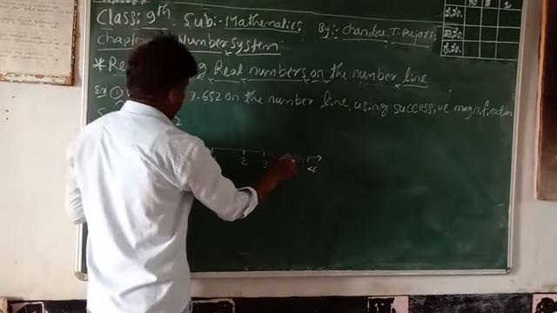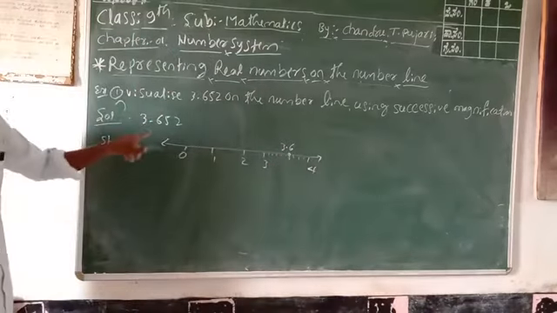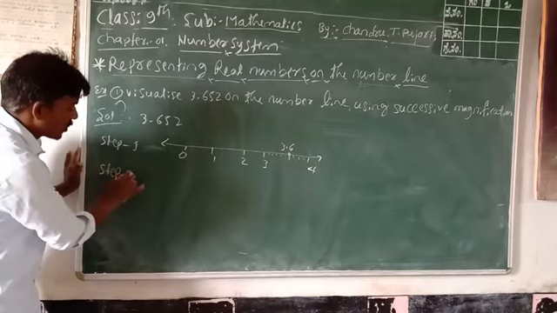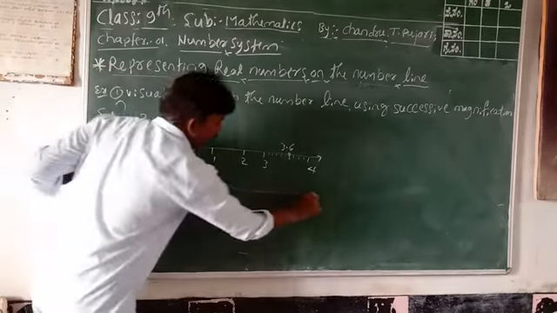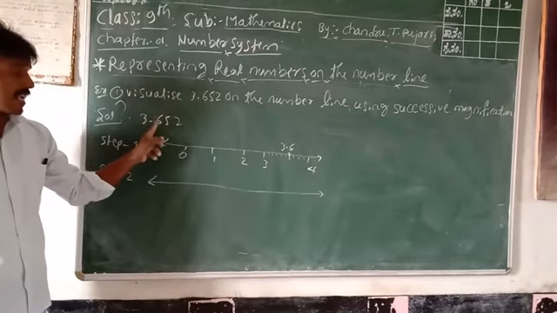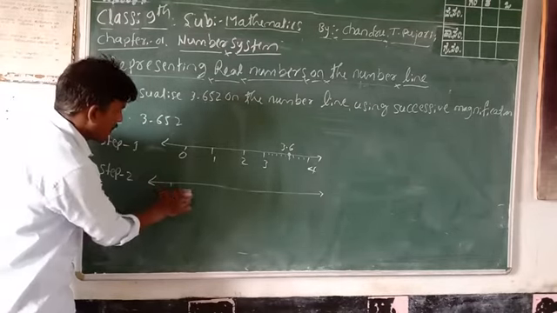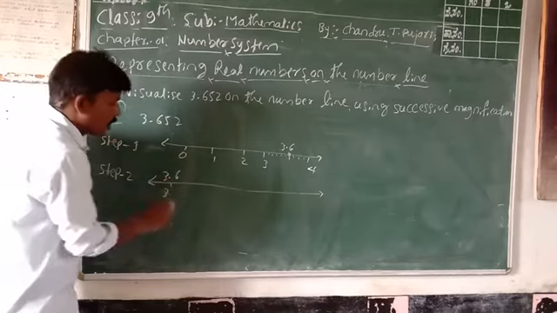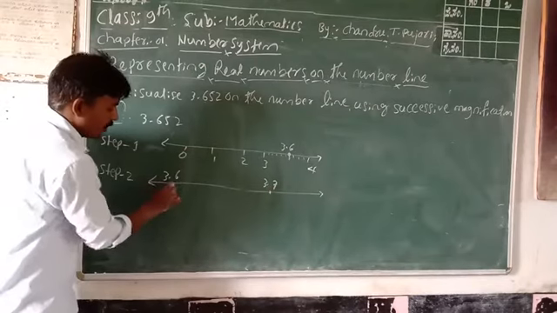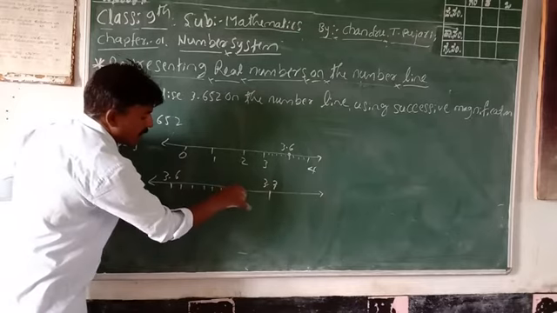This is 3.6. After that you get 3.65. Again, step 2: draw one number line. 3.65 lies in between 3.6 and 3.7, these two numbers. Divide into 10 parts: 1, 2, 3, 4, 5, 6, 7, 8, 9, 10.